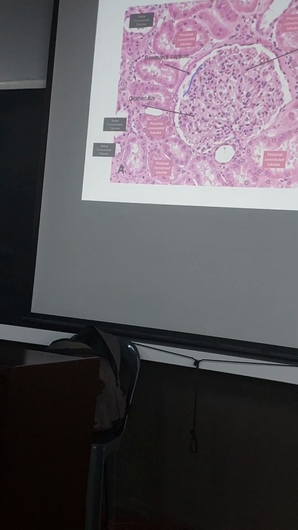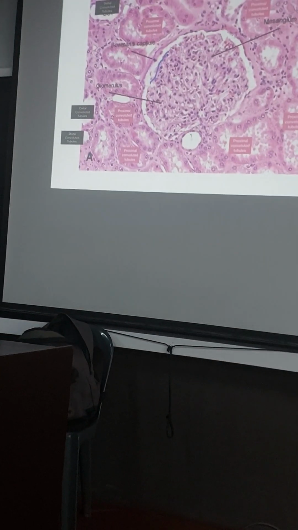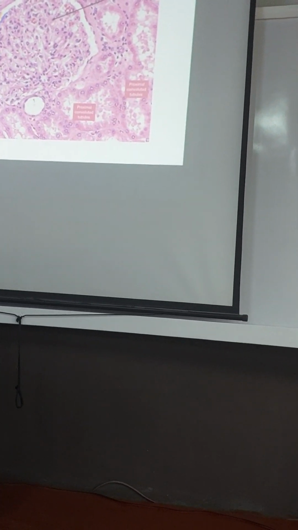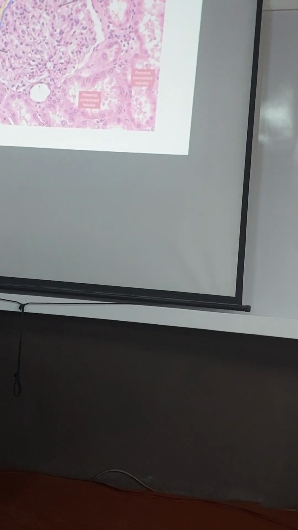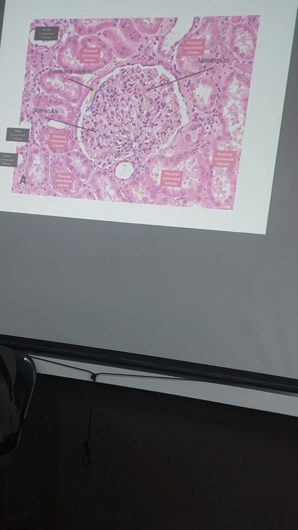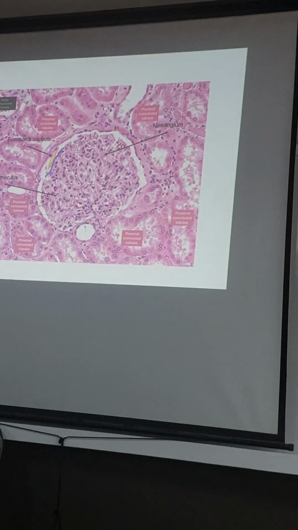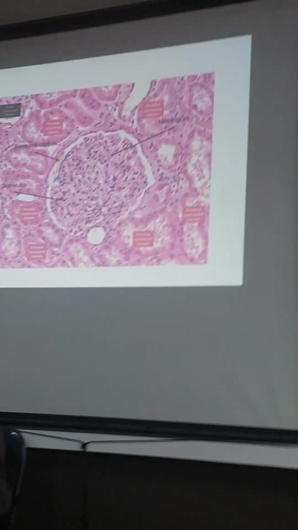And in between, we have this space. This space is called the Bowman's space, also known as the urinary space. This urinary space becomes continuous with that of the proximal convoluted tubules.